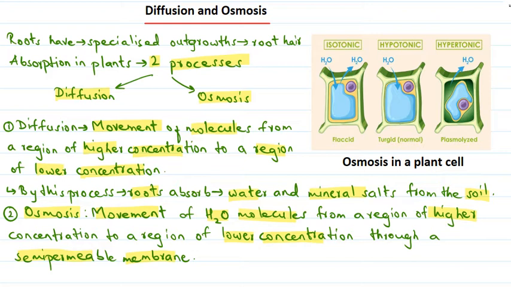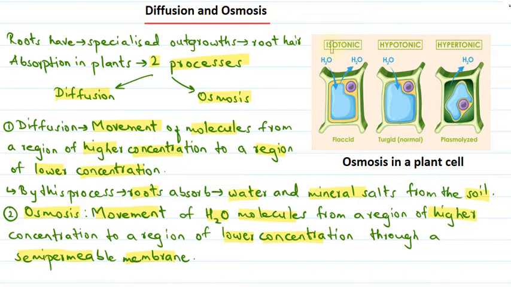This movement leads to osmosis of water. Once water enters the root hair cell, the concentration increases in the root hair as compared to the adjacent cells, and therefore water moves from root hair to neighboring cells, and in this way water travels upward from one cell to another.